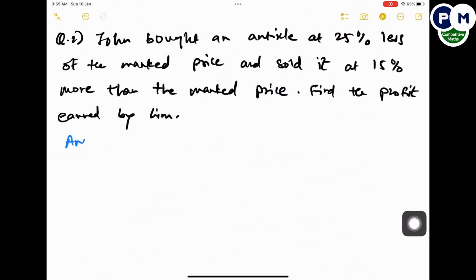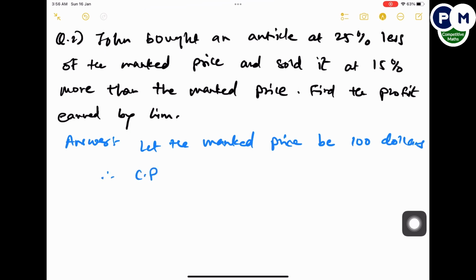John bought an article at 25% less of the marked price and sold it at 15% more than the marked price. Find the profit earned by him. Here is the answer. Let the marked price be $100.